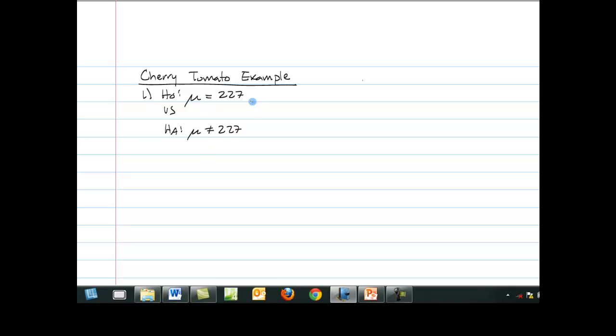So this is our two-tailed test. So again, first step, state H0 and HA. The second step was to find our p-value. The p-value that we found in our previous step was 0.0456.